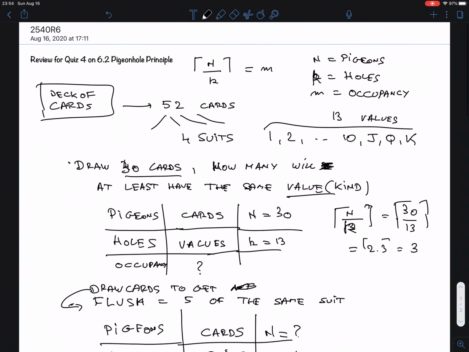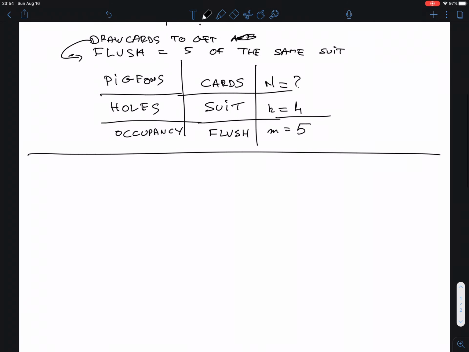Now, let's go to the original formula. Let me write it here again. The minimal occupancy of at least one of the holes is given by this formula. This calculates m for me. Now, if I want to calculate n, as I explained last time, the formulas are equivalent.